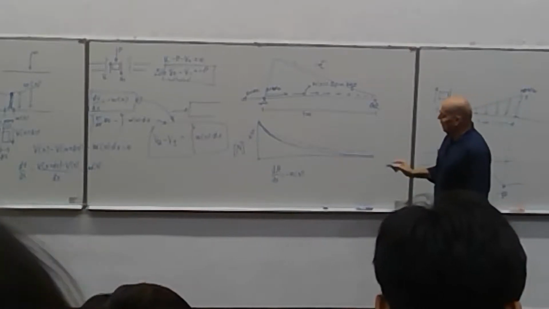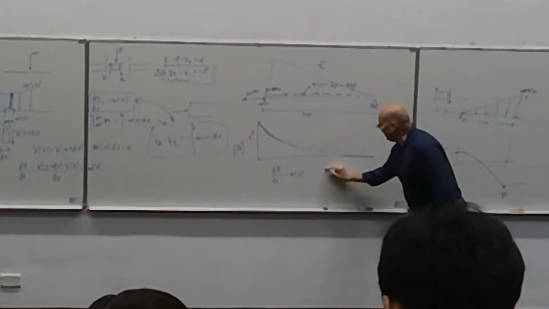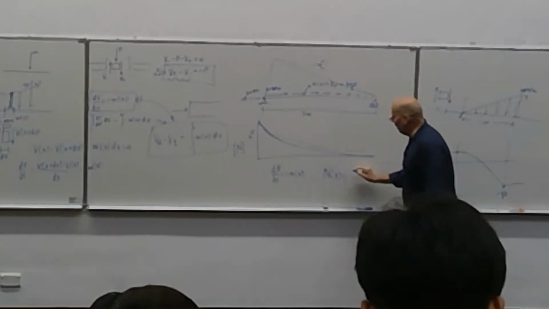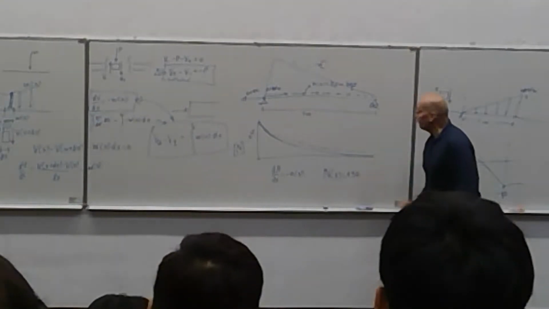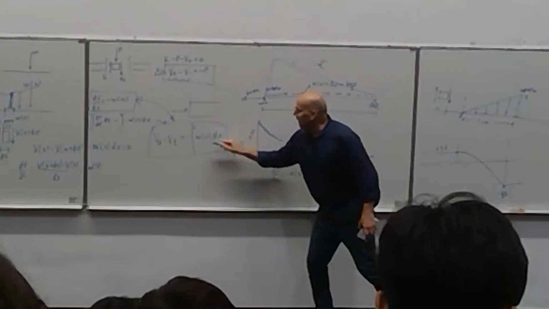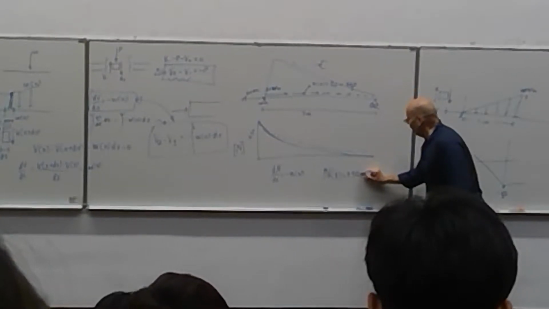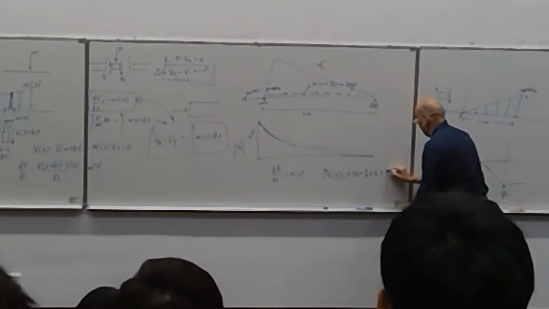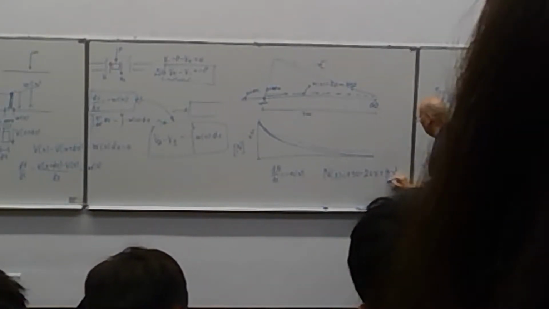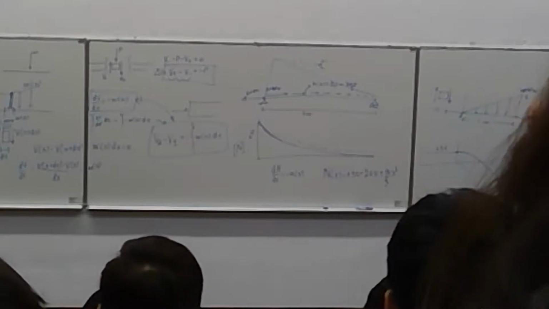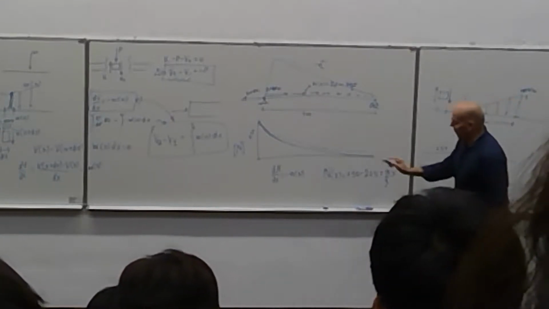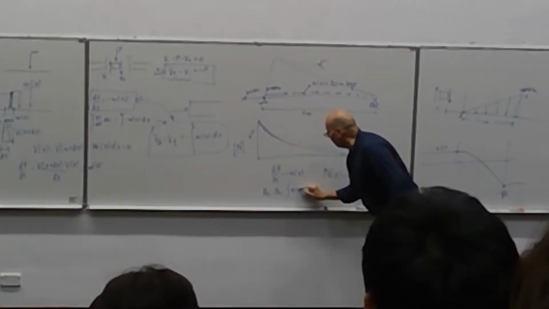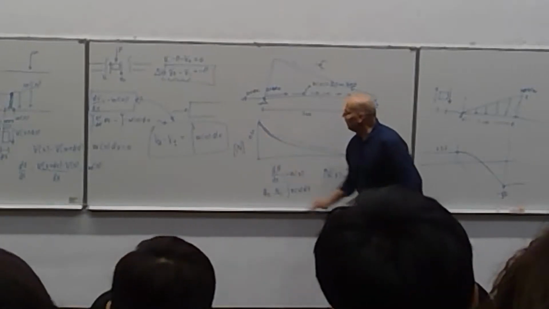And therefore, because the slope is like this, I can write directly that the axial force at any point is the starting value, which was plus 50, minus the integral of n of x dx.